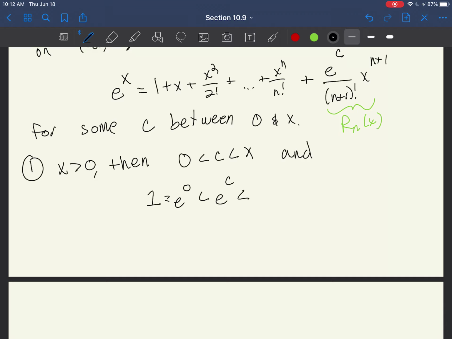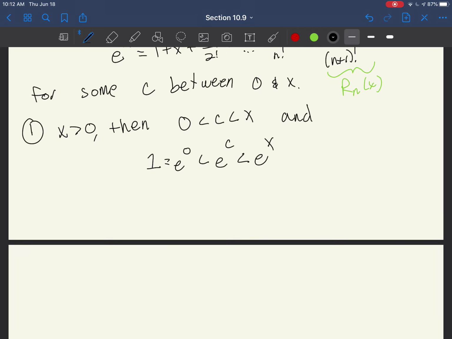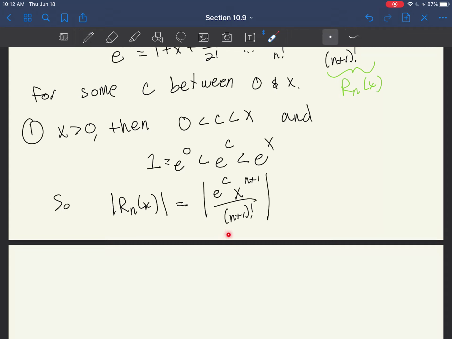Raise everything to e to the power of everything, and you get 1, which equals e to the 0, is less than e to the c, is less than e to the x. So the absolute value of Rn of x equals the absolute value of e to the c, x to the n plus 1, divided by n plus 1 factorial.